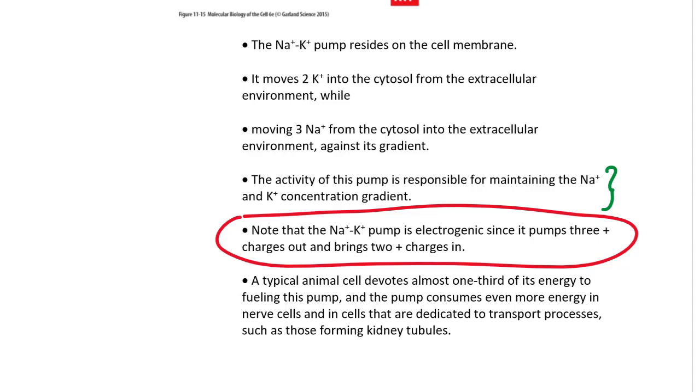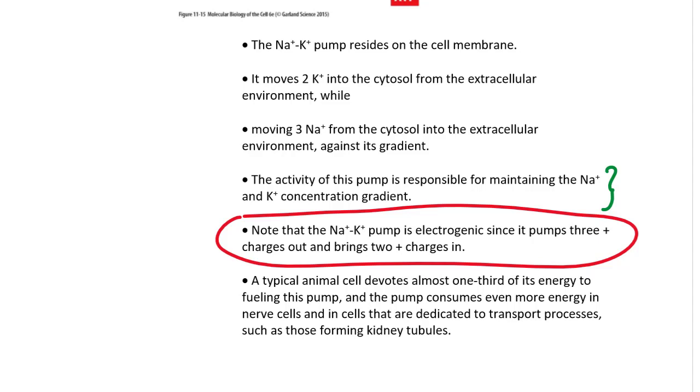We're going to get to how the membrane potential is set up, and it's not because of the sodium-potassium pump. But the sodium-potassium pump is electrogenic, meaning that it is moving 3 plus charges out and moving 2 plus charges in. The resting potential of the membrane is dependent on many other factors, and we're going to be discussing what those factors are later.